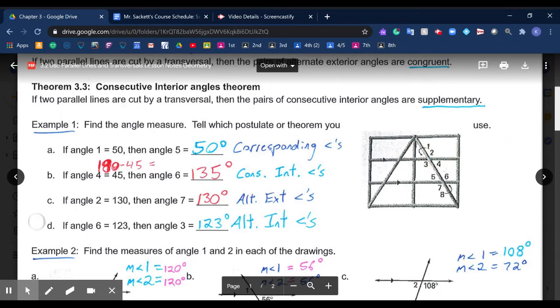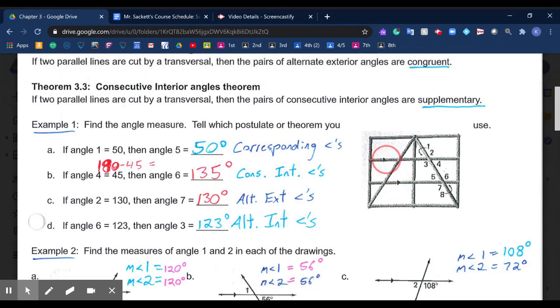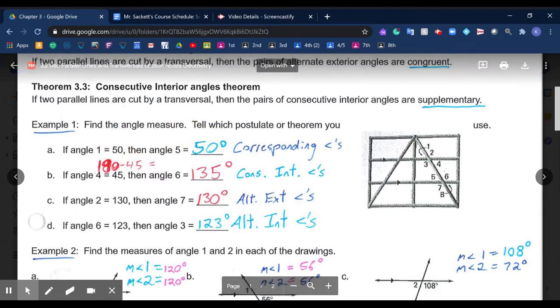What tells us those are parallel lines is, it's hard to see on this diagram, but these little dark arrows, a single arrow on this line and this line, tell me that these two lines are parallel. So I know I have parallel lines. 1 and 5 are corresponding angles, so they're both 50 degrees.